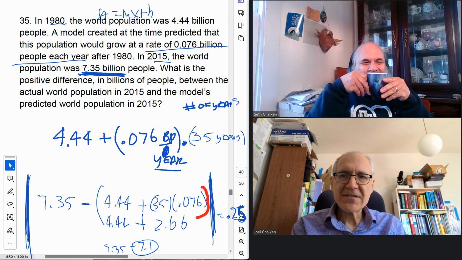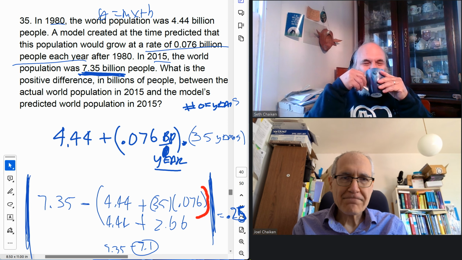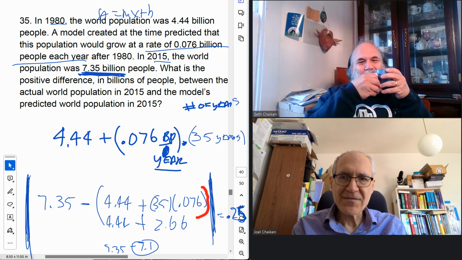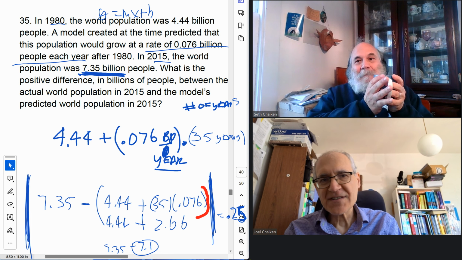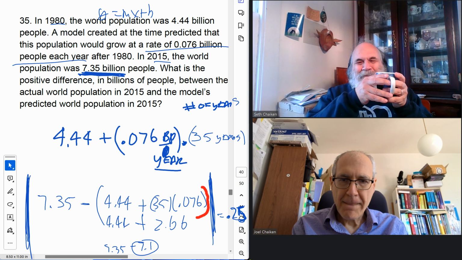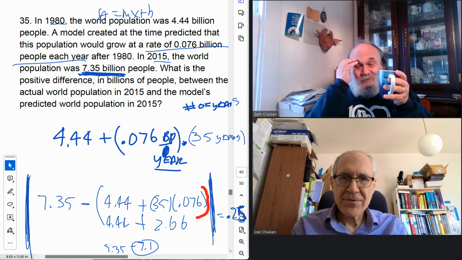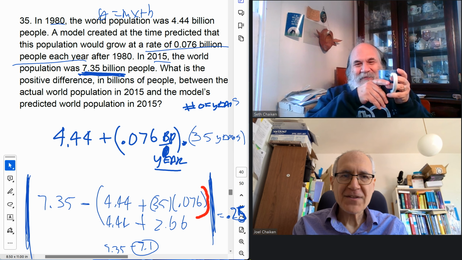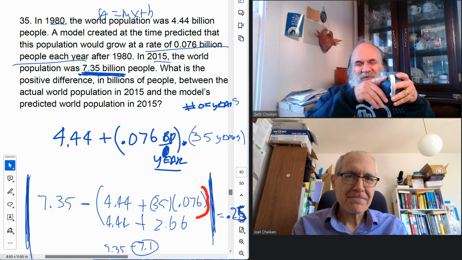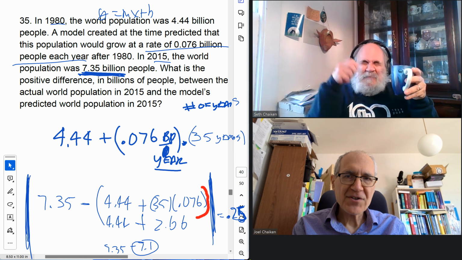And then you compare it to the actual, 7.35. And they just want the positive difference. So you don't have to worry about which one is higher or lower. Pretty straightforward problem.